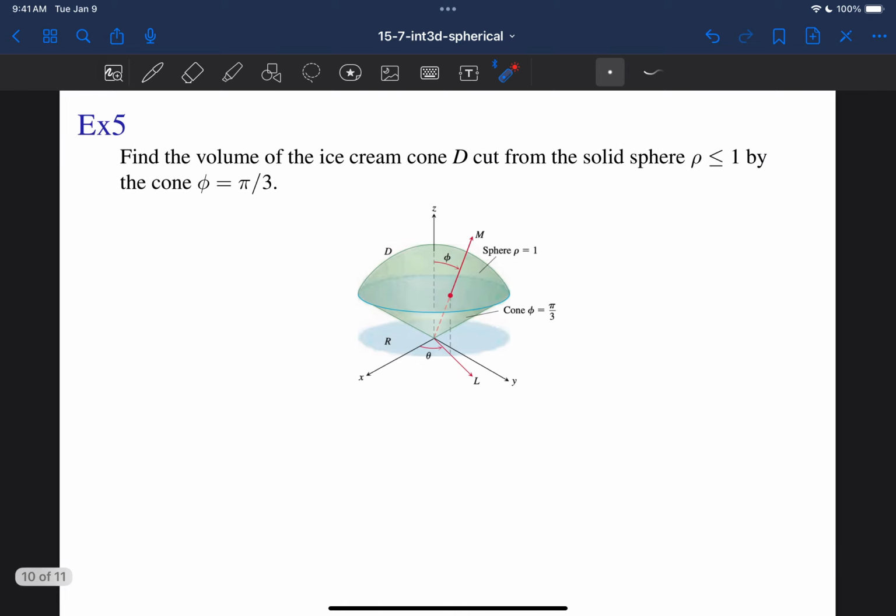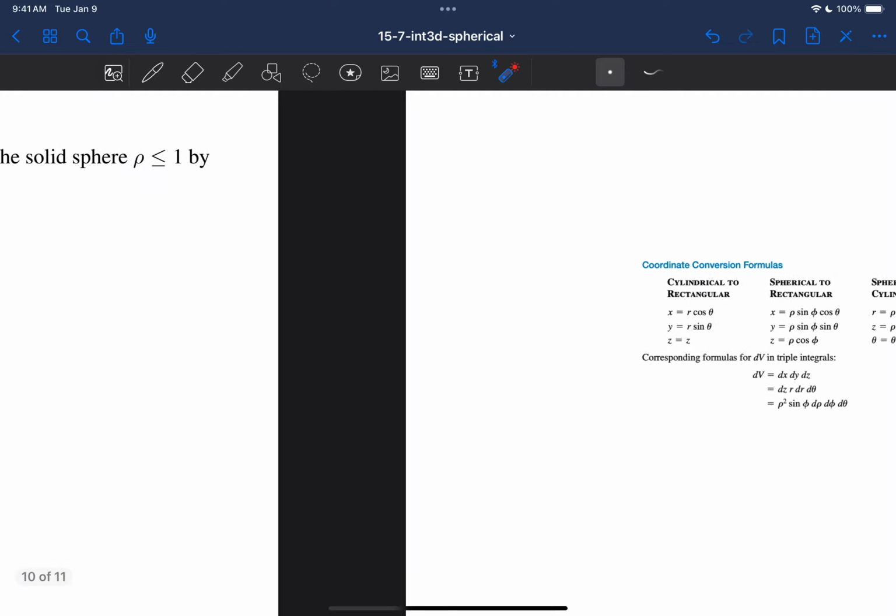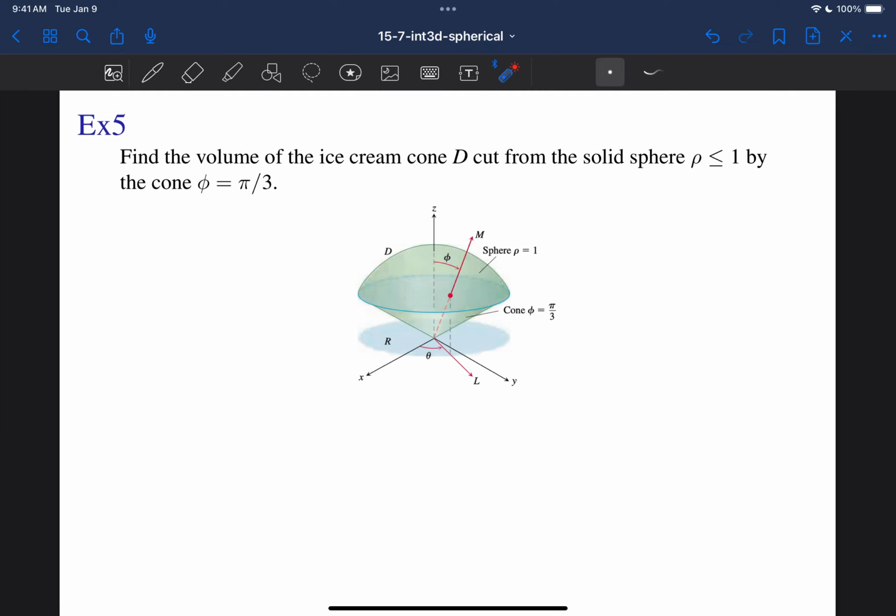All right, let's look at one example, which I guess is the only example in this discussion. Find the volume of the ice cream cone D, cut from the solid sphere rho less than or equal to 1 by the cone phi equals pi over 3.